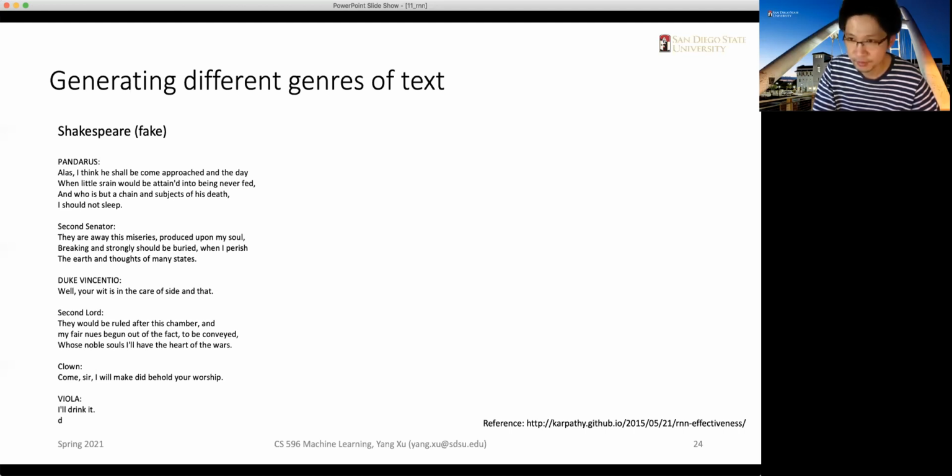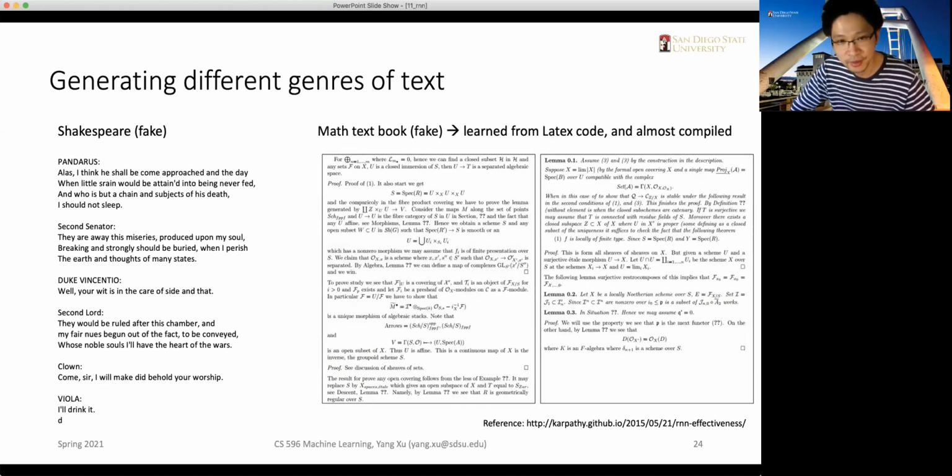The trained model has actually encoded the style of Shakespeare's writing. And more interestingly, if we train a model on LaTeX code as the inputs, the model can actually generate some fake code. According to the post, it's almost compiled.